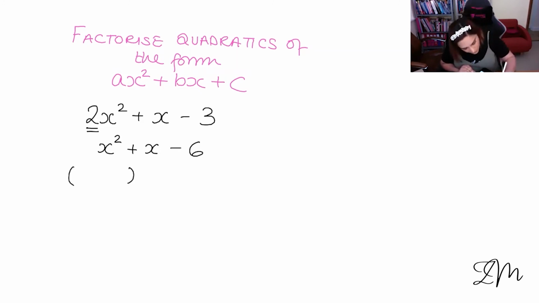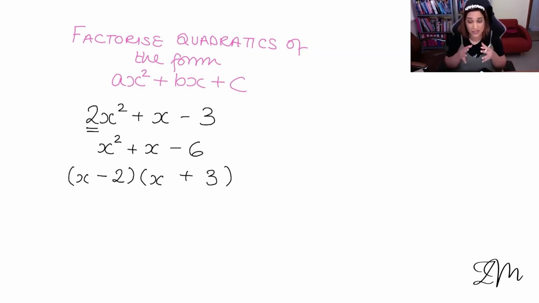So if we were to normally factorize that, we'd say x and x, and we'd look at factors of 6. So we've got 6 and 1, that doesn't work. We've got 3 and 2, that works because we can have plus 3 minus 2. But the x wants its 2 back. So we've got to give the 2 back to the x's.